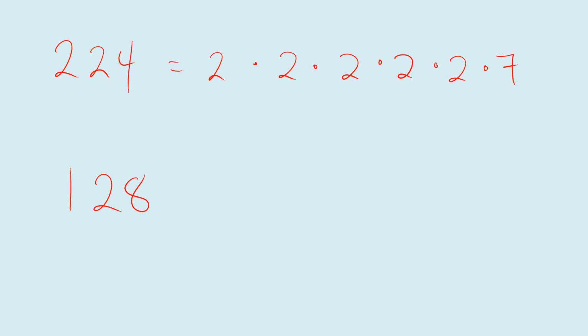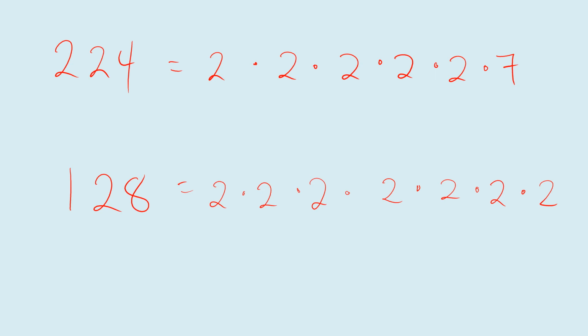That will give you 224. And for 128, that will be 2 times 2 times 2 times 2 times 2 times 2 times 2. So, 7 na 2's. Okay?